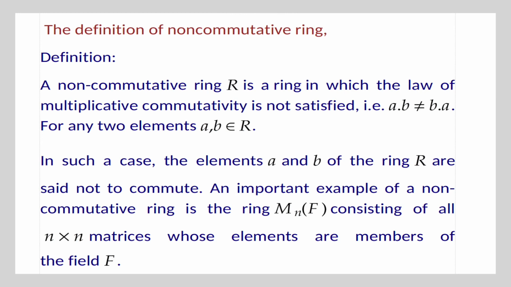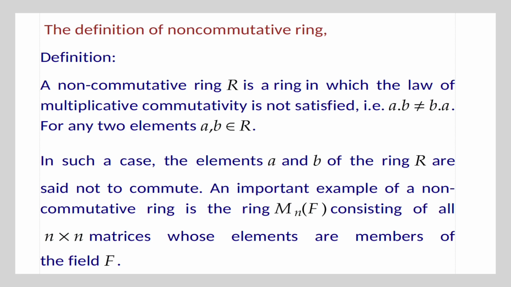First, see the definition. A non-commutative ring R is a ring in which the law of multiplicative commutativity is not satisfied. That is, a·b not equal to b·a for some a and b in R. In such a case, the elements a and b of the ring R are said not to commute.